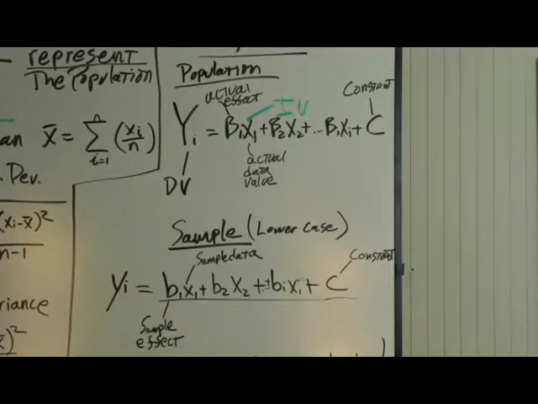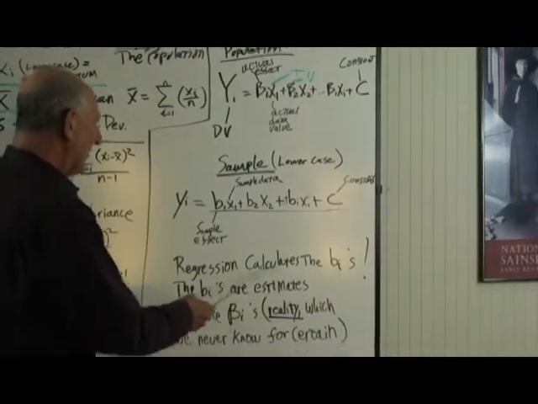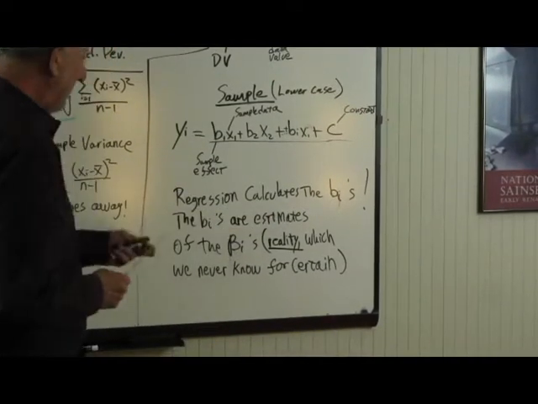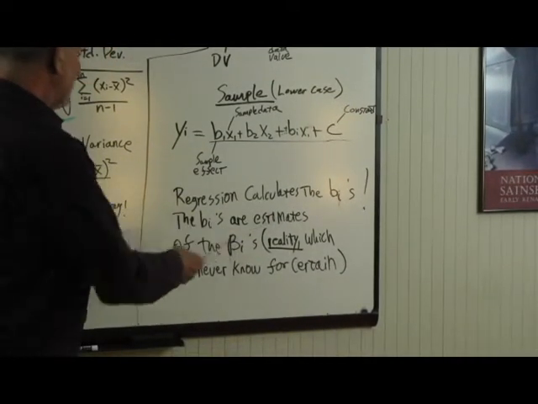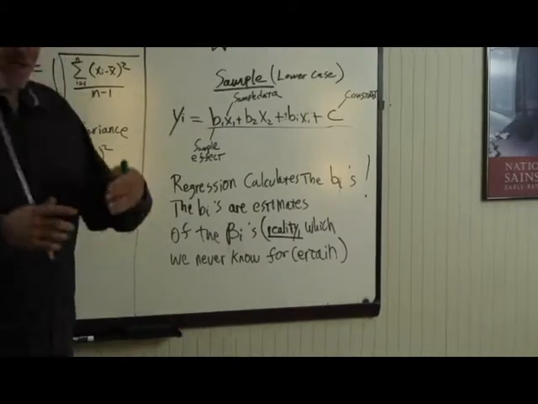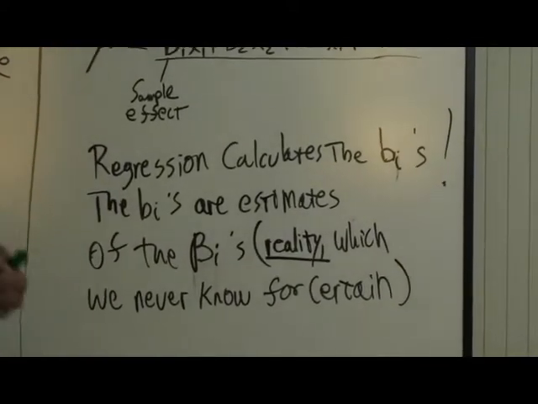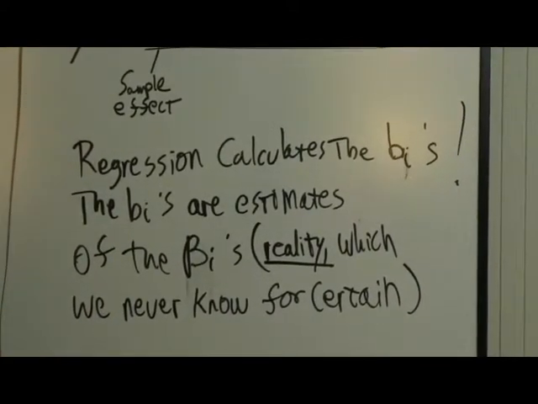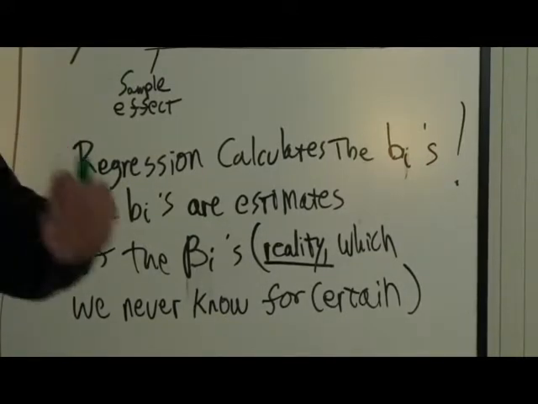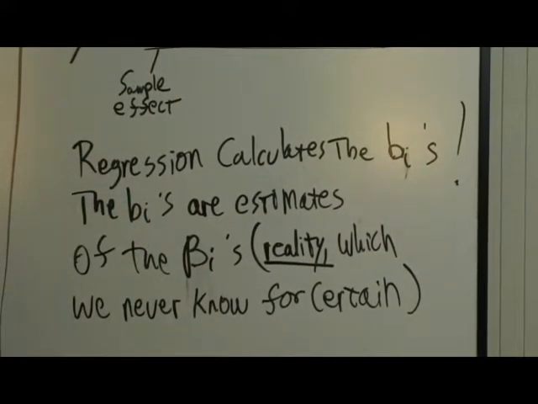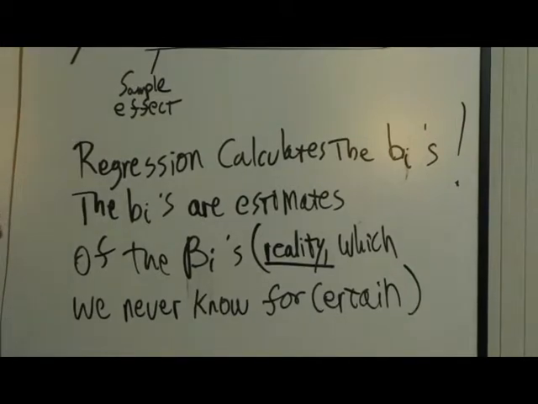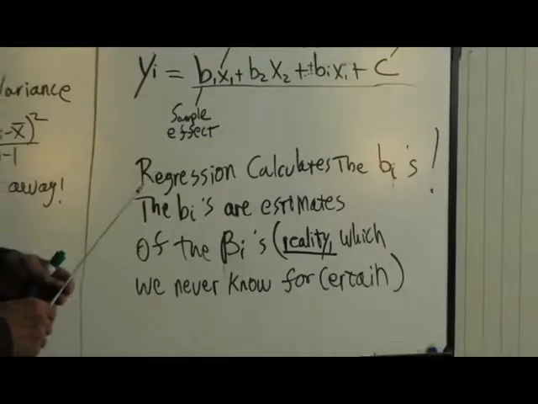So now we can say that the point of regression is that regression calculates the b sub i's. The bi's are estimates of the beta i's. The bi's are estimates of the actual values of the weight that you give, the power of the effect, the strength of the effect on the independent variables which you have measured.